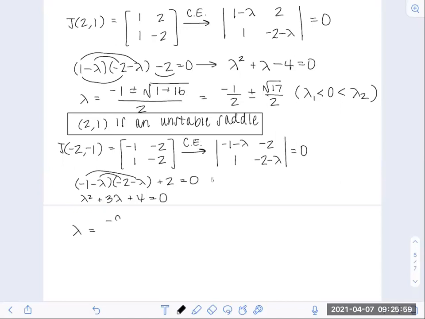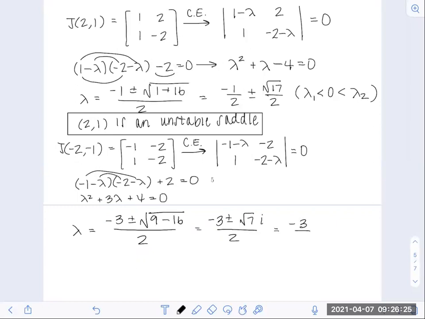Lambda equals negative b plus or minus radical b squared minus 4ac, which will be minus 16, all over 2. And so we're getting imaginary numbers here, plus or minus the square root of 7 i over 2.